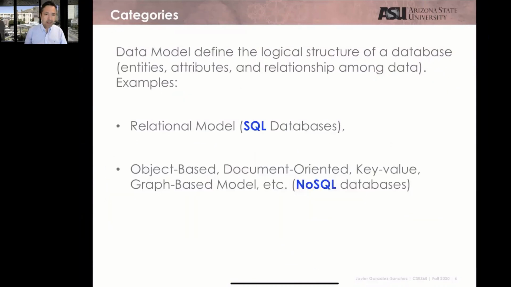Moving forward, there are two categories of databases, generally speaking. You're going to have databases that use SQL, and therefore, sometimes, in some references, they are called SQL databases. But the correct name should be relational databases, databases that follow the relational model.